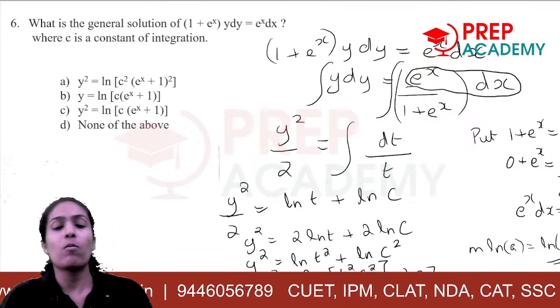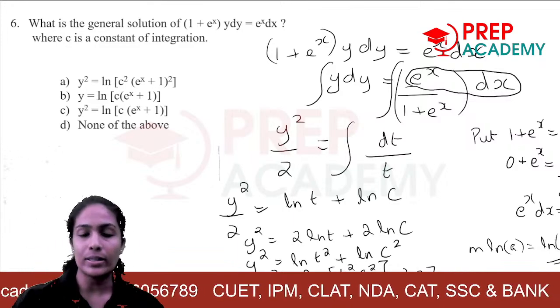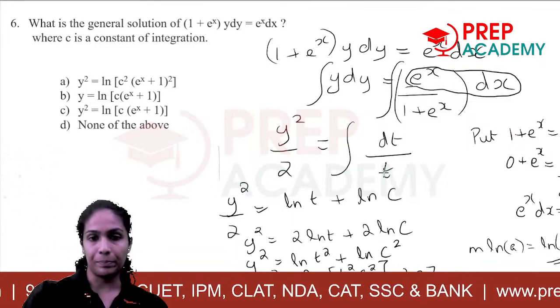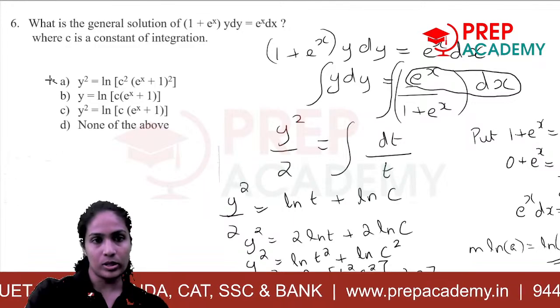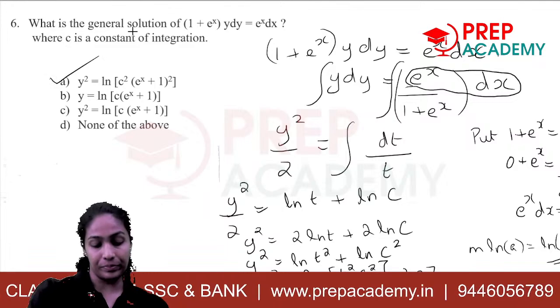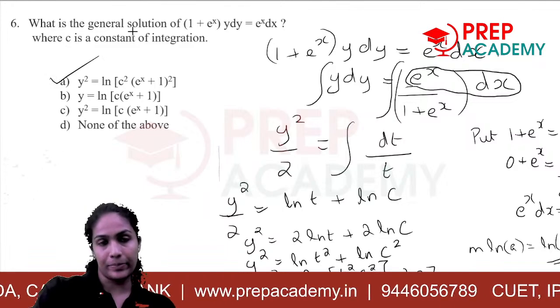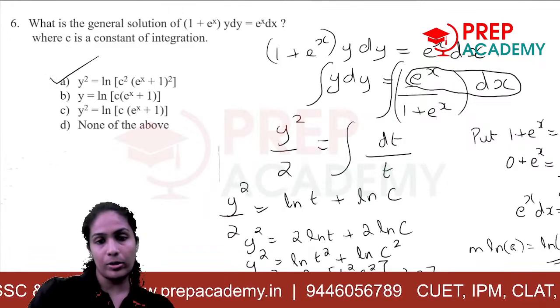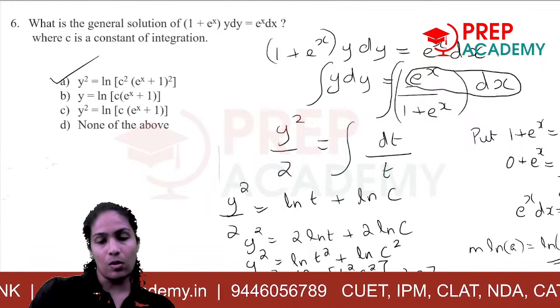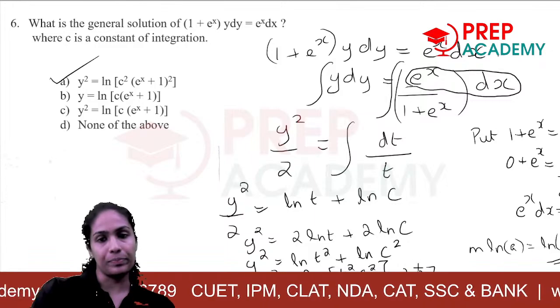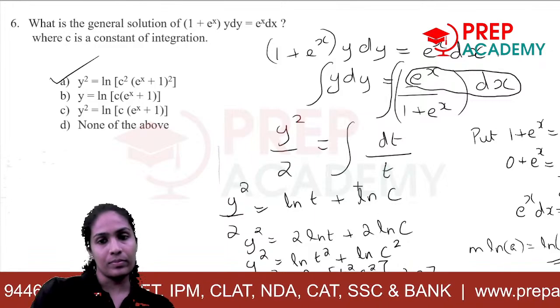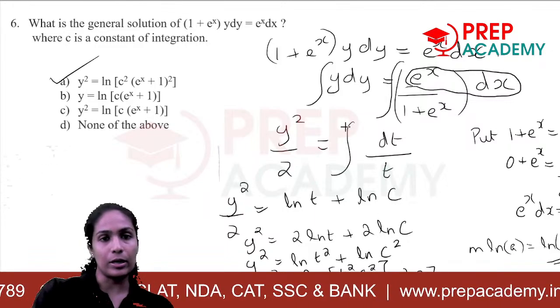So y square is equal to log of 1 plus e raised to x the whole square into c square. Option A. That's the solution of the given equation.